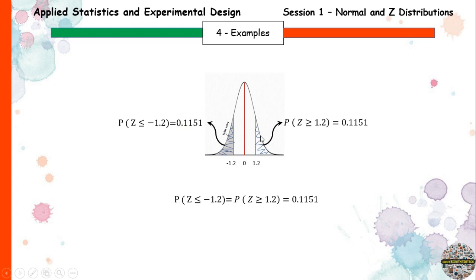So as you see, the z distribution and normal distribution are both symmetrical, and we can use this fantastic characteristic of the normal distribution to calculate the probability of any value here.